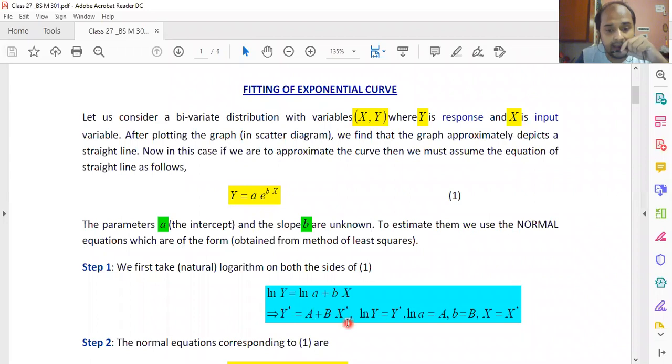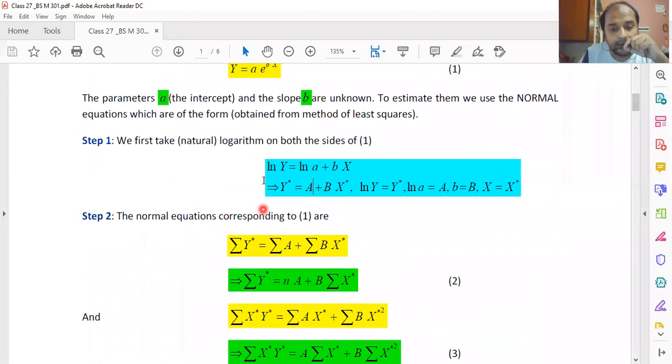Now you see, it has taken the well-known linear form, and we can very well set the normal equations to it, just like we did earlier. So your step number 2 is to operate summation on all the terms present on each side, so that we get summation y star on the left hand side, summation A plus summation B x star on the right hand side.